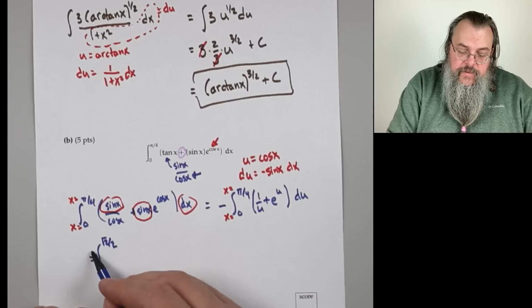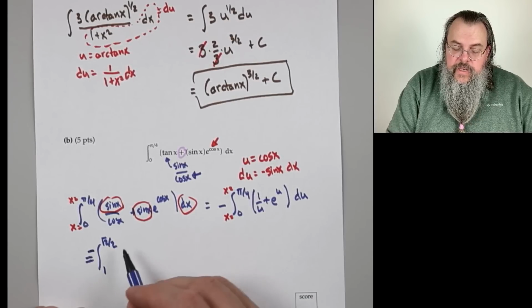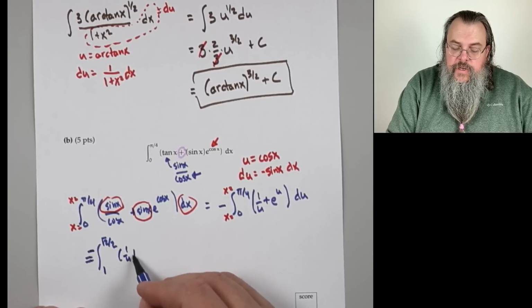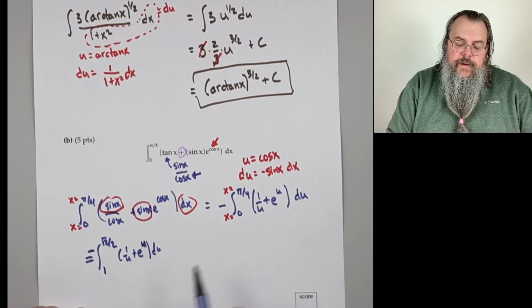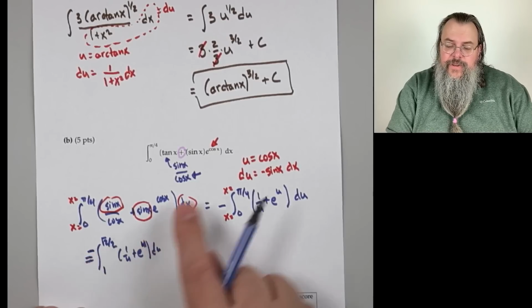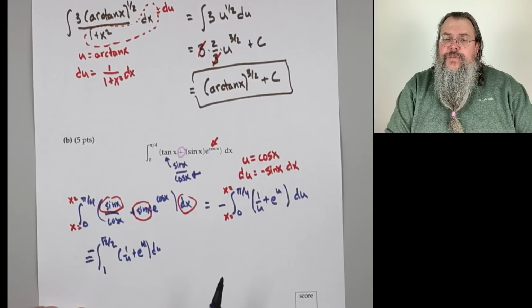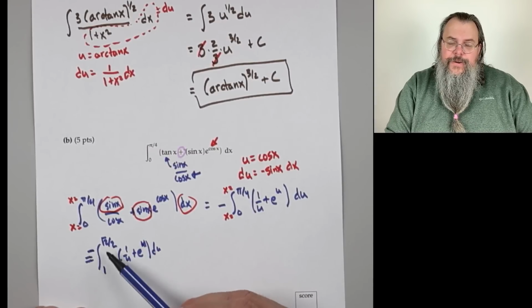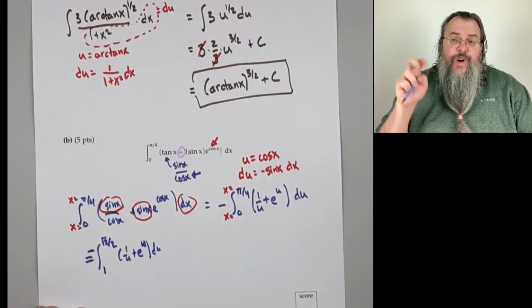Then we have a minus. Okay, so there's a minus in the front. And we have the integral of 1 over u plus e to the u du. And at this point, you're probably like, why is there a minus? It doesn't feel like the answer should be negative because these are positive functions. We're going from 0 to pi fourths. Well, 1 is actually bigger than root 2 over 2. So these are kind of in the wrong order.